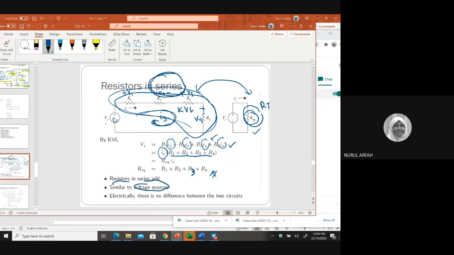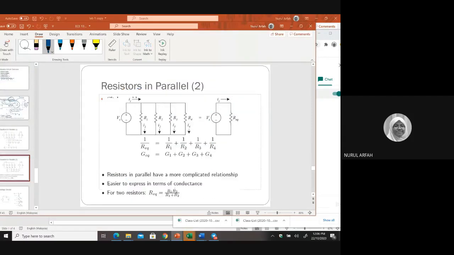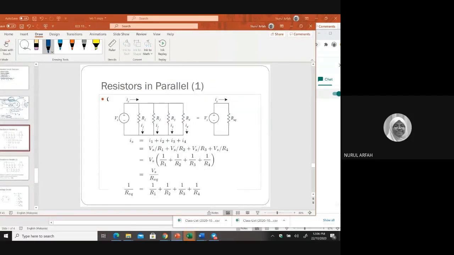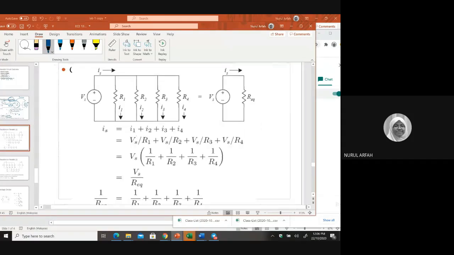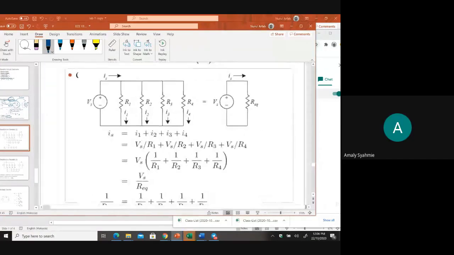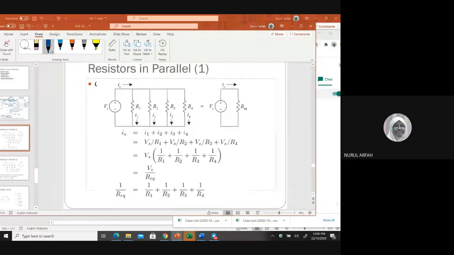All voltage sources you can add. So there is no difference between these two circuits. Same. So far so good. Do you want to ask something regarding the series circuit? Any question? So far, no. Okay. Now parallel.